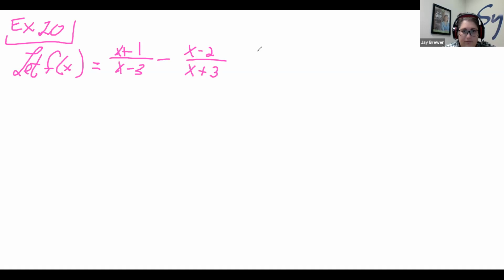And it wants us to find f of x equal to 1.